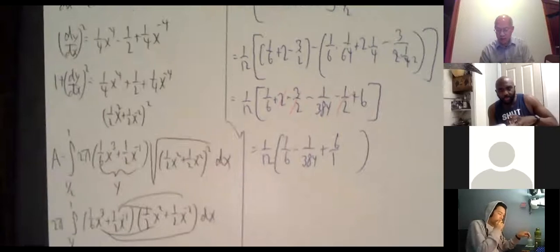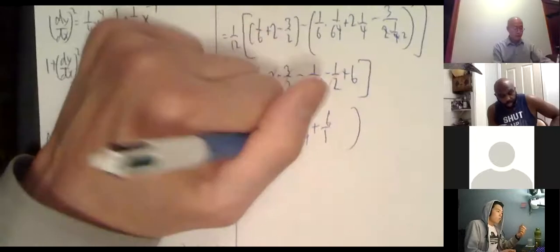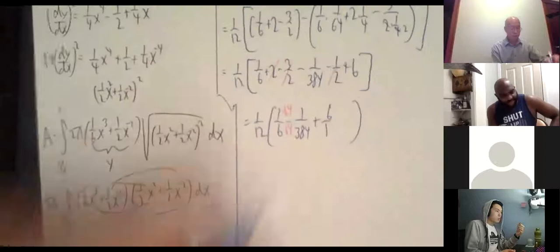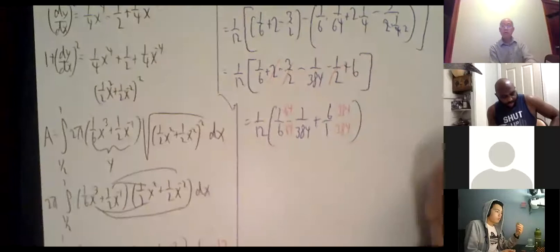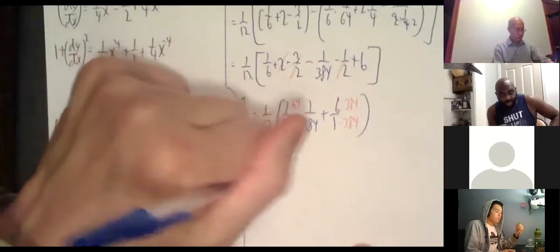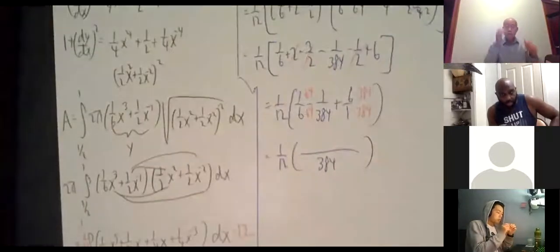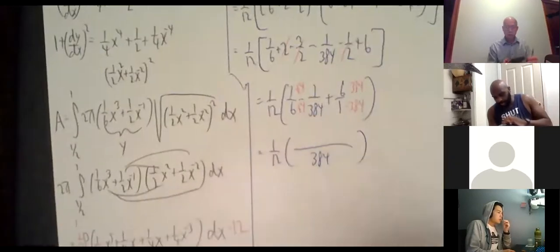So 384 divided by 6 is 64. It's not fun watching me do arithmetic, right? 1/12 of 384. So what's this going to be? 6 times 384 plus 64 minus 1.